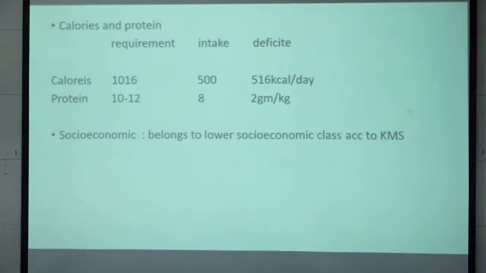So expected calories are 1016, intake is 500, and there is a deficiency of 561 kilocalories per day, and a protein deficiency of 2 gram per kg. Socioeconomically belongs to lower socioeconomic class according to KMS.